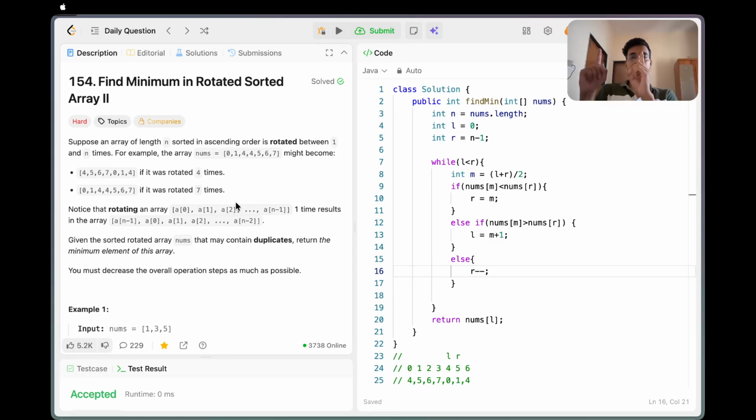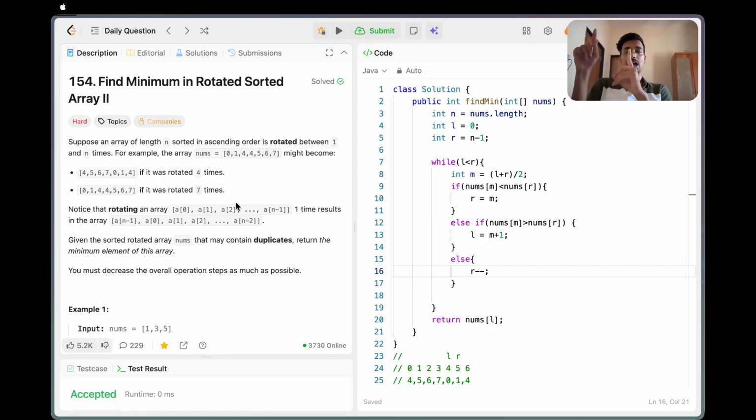There are two scenarios: either this will be greater than this or this will be less than this. If this particular mid value is less than the right value, then this range is already sorted, and we will not be able to find the minimum value over this range, but this particular pointer can be the minimum value.